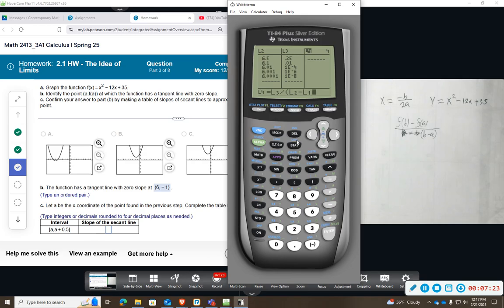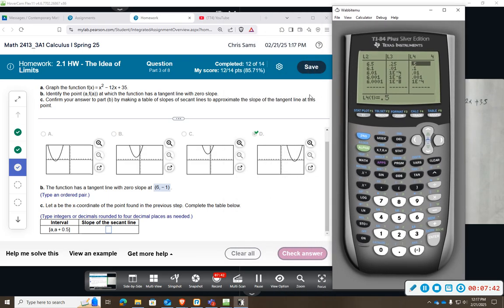We probably could have done that ahead, but it's okay. So we're taking the y value and dividing by the difference, that gap, which is going to be the 0.1, 0.5, and so forth, and it's going to compute all of that for me at once. So this column is giving me the overall slope of all of those values.